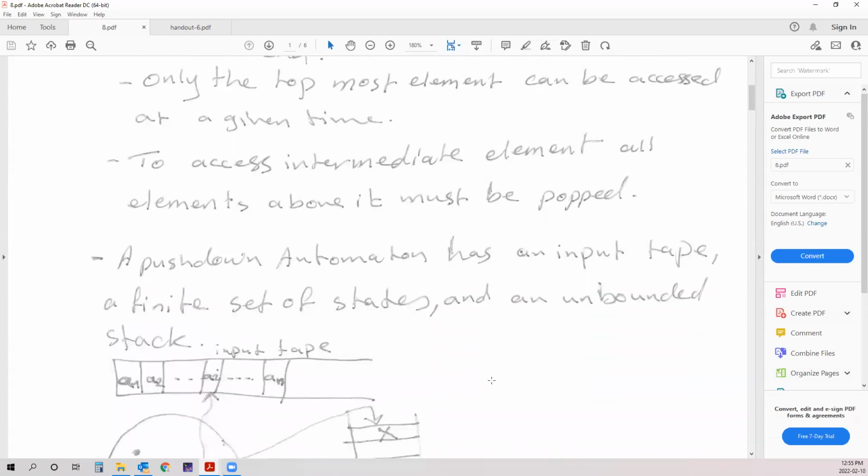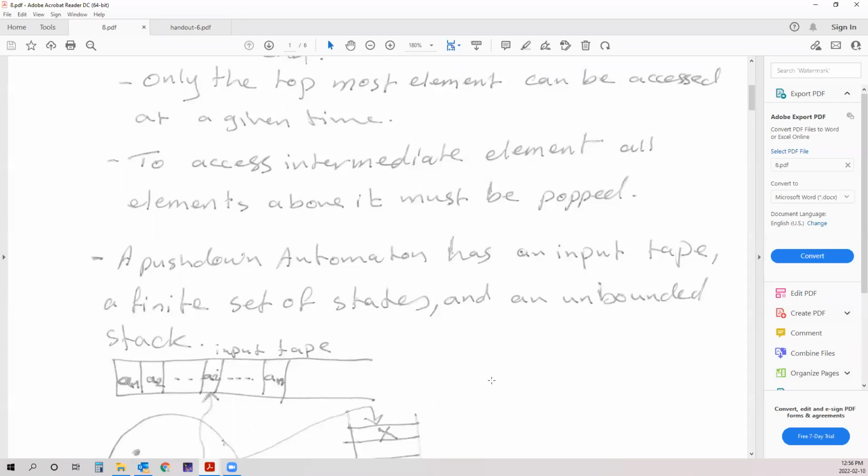A pushdown automaton has an input tape, which is a basic type of memory. Do you remember the old recording machines, when we listened to songs before CDs, the normal tape?